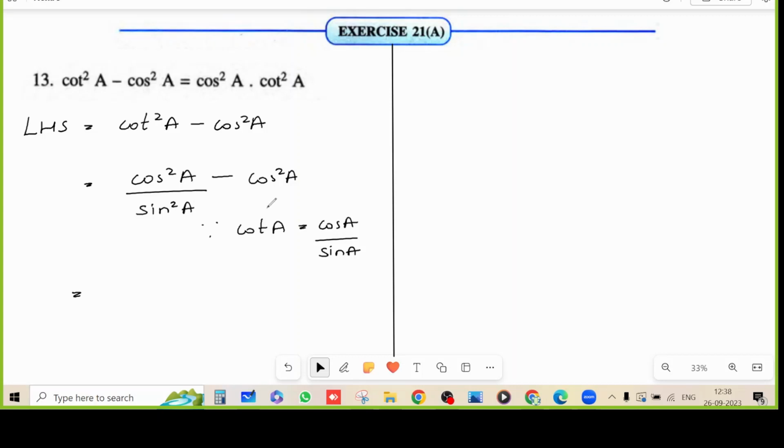Now we will take the LCM again. So the LCM is sine square A, and sine square A will get multiplied here with the cos square A term. So this will give us cos square A into sine square A. Now from both the numerator terms, we will get cos square A as common.